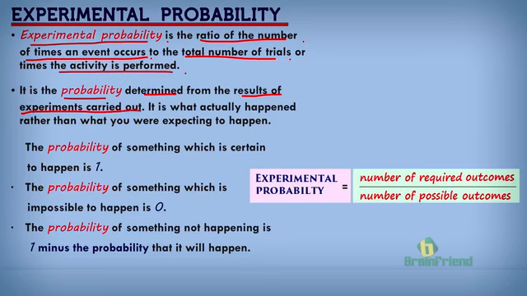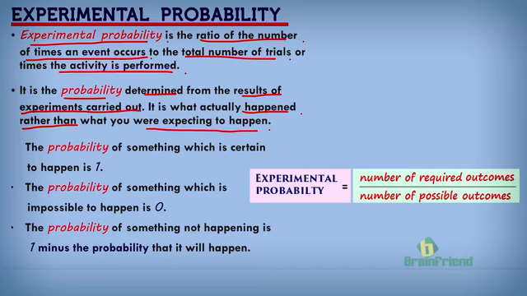For instance, the rolling of the dice is an experiment. Drawing cards is an experiment. We can have so many different experiments. It is what actually happened rather than what you were expecting to happen. So experimental probability deals with results of actual experiments that are carried out.